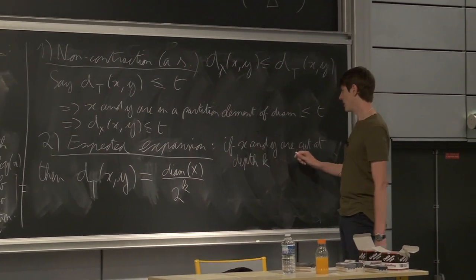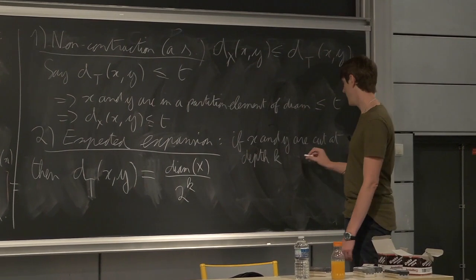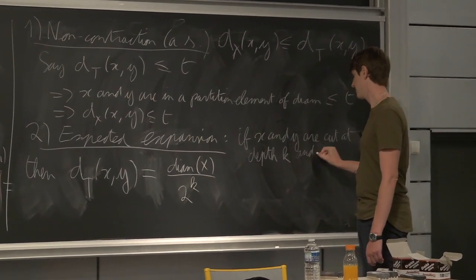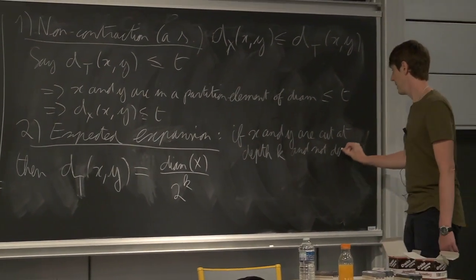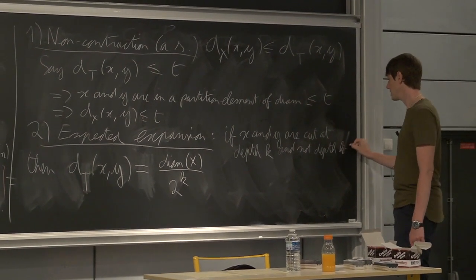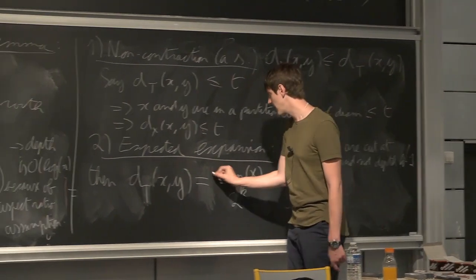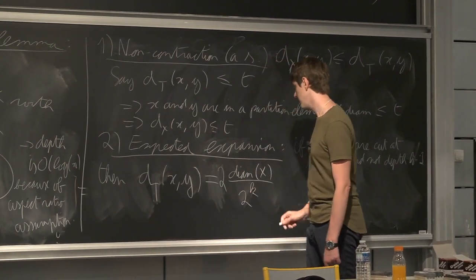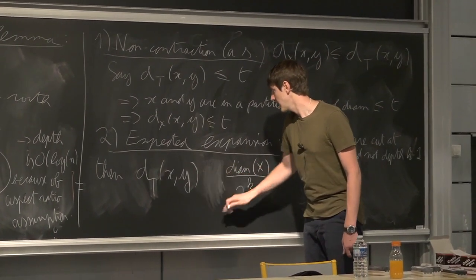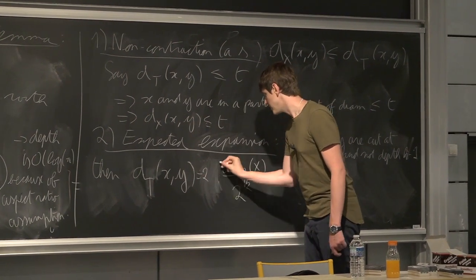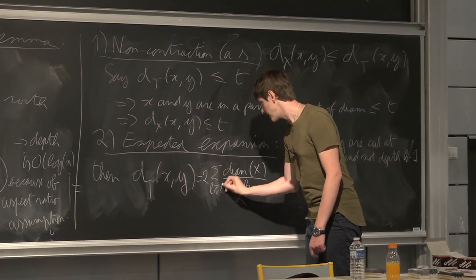Okay, so if x and y are cut at depth k, and not depth k minus 1, so if this is the first scale at which they are cut, then in fact this is exactly twice the sum over all L bigger than k.